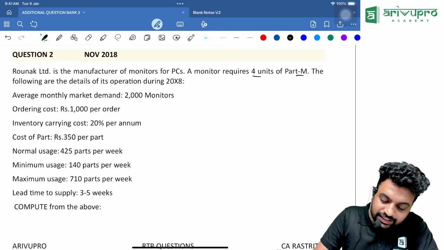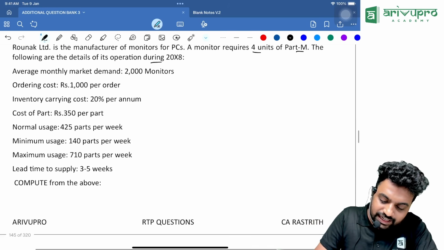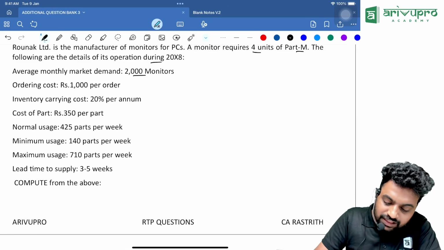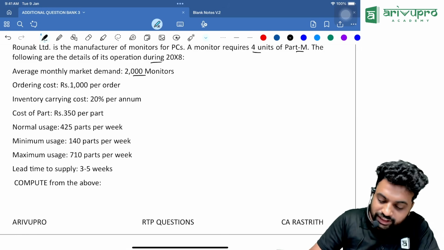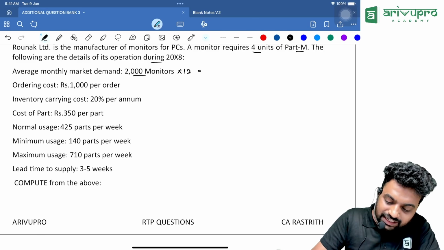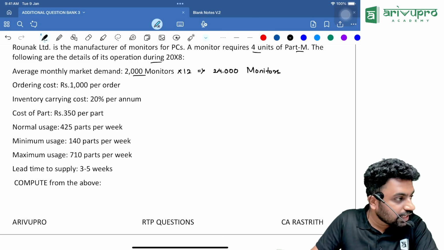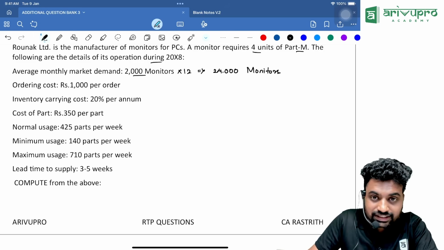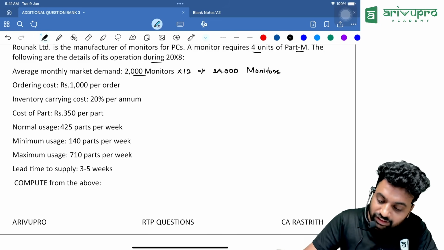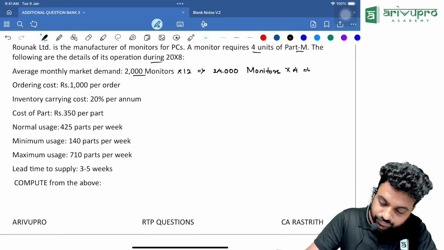The following are the details of the operation during 2018. Average monthly market demand is 2000 monitors, which means our yearly demand is 24,000 monitors. Correct? 24,000 monitors, not the raw material. Raw material will be how much? 96,000 units.